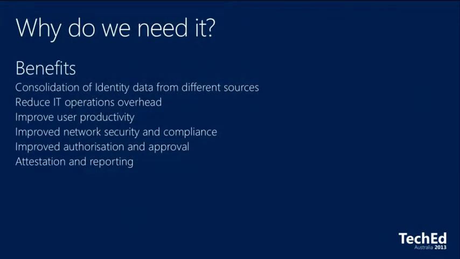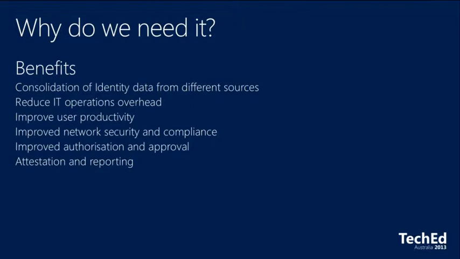So the benefits. We get to consolidate that identity information into a single point, for consistency, and that also reduces IT operations overhead by providing automation and reducing the need for human intervention, and providing self-service to the end users, and reducing the load on the IT help desk.